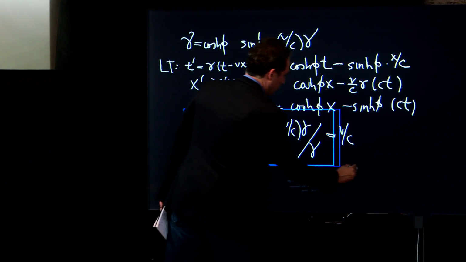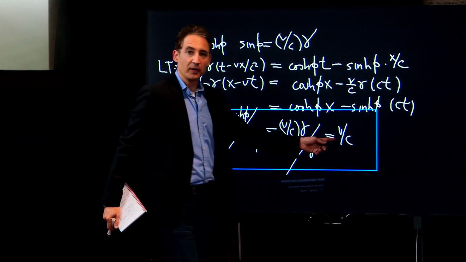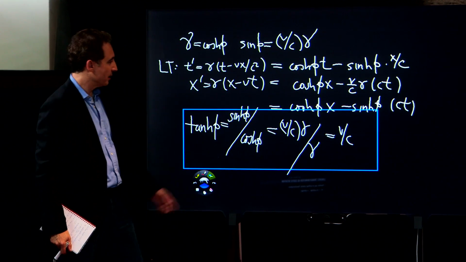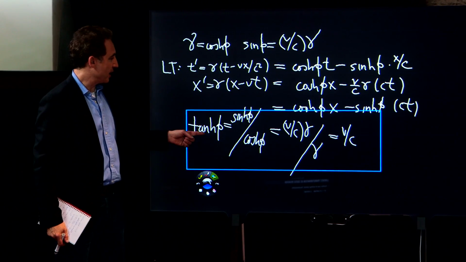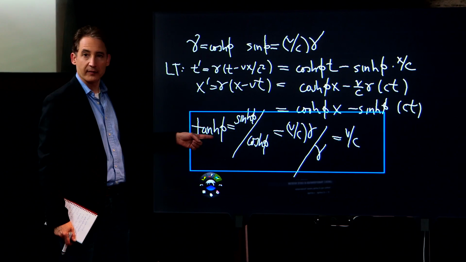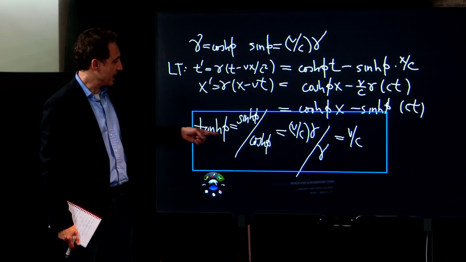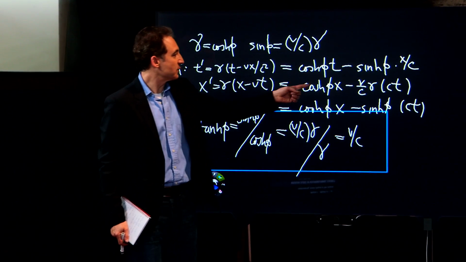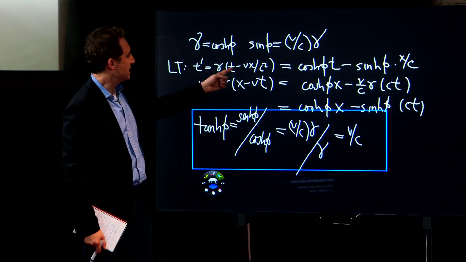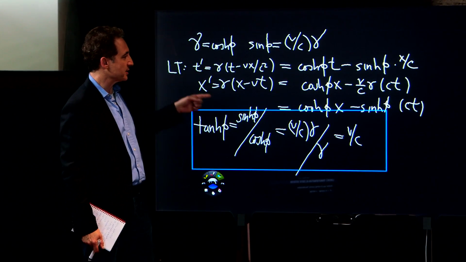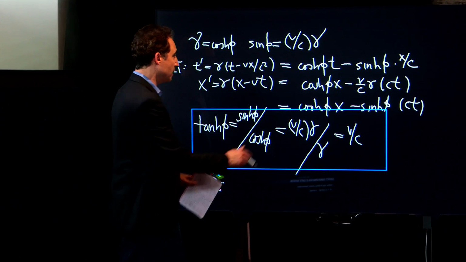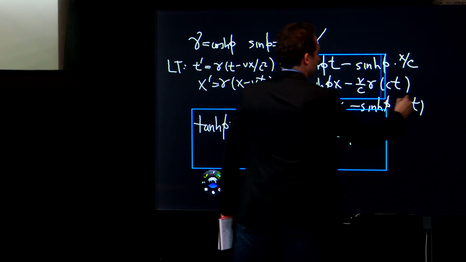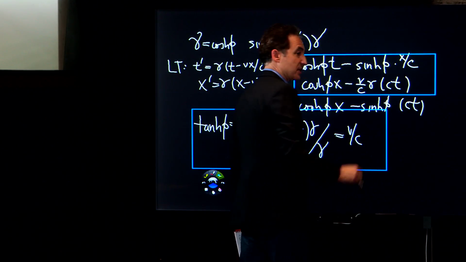If you give me the speed of one frame relative to another, I can use that to find an angle phi by solving this equation. And then I can take that angle and plug it into a transformation from t and x to t prime and x prime, where the transformation over here looks very much like a rotation with some different signs.